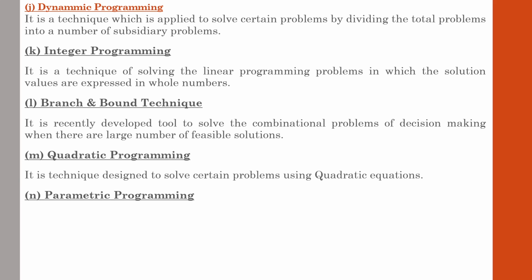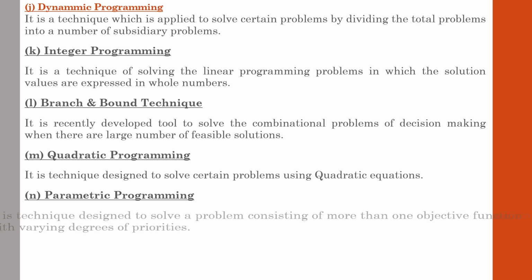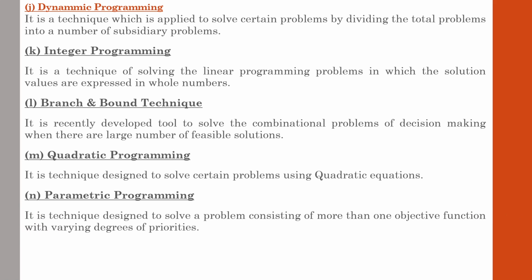Next one, parametric programming. It is a technique designed to solve problems consisting of more than one objective function with varying degrees of priorities. You may not get an idea regarding that because it's a newly evolved concept and it's directly related to research related problems.